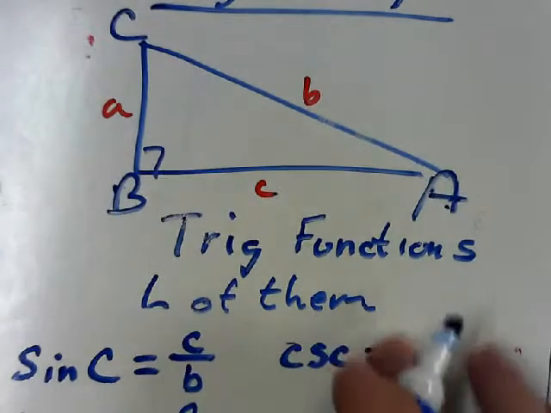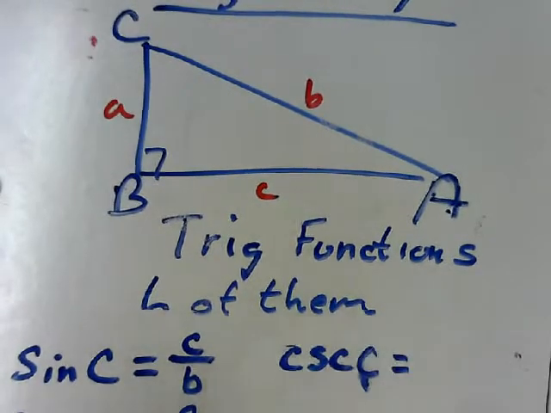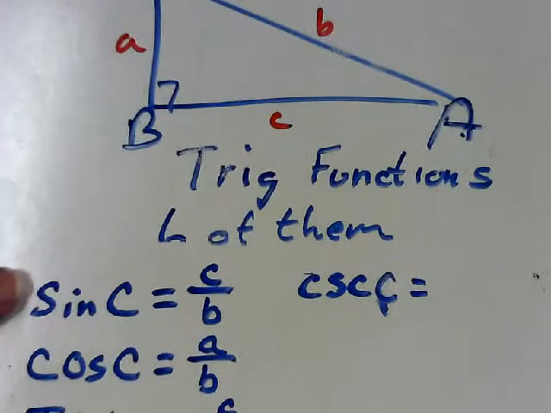Cosecant of C we said was the inverse to the sine of C, didn't we?